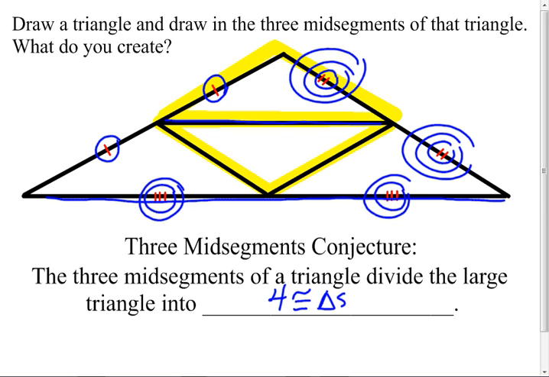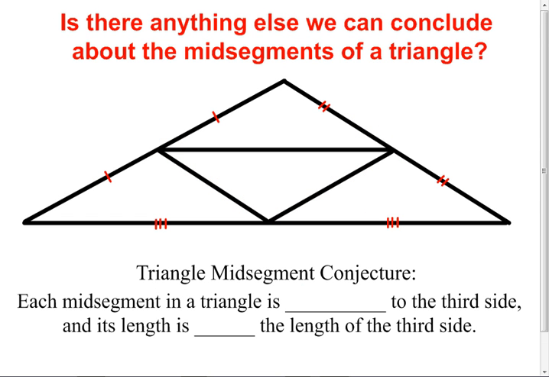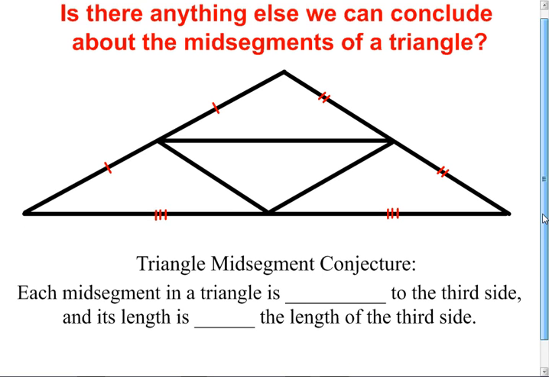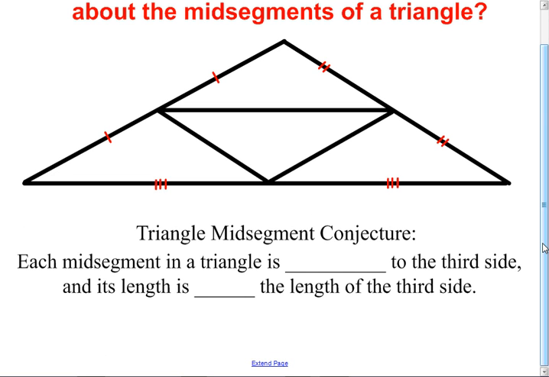They're parallel. So we're going to have some congruent angles as well. Each midsegment of the triangle is parallel to the third side. If I draw this one, joining those two midpoints, that's parallel to this third side, the opposite side.